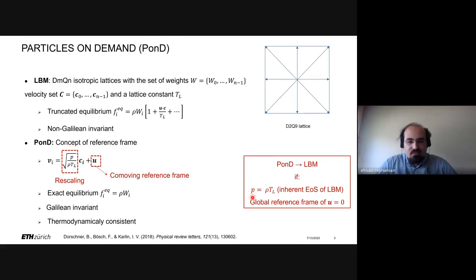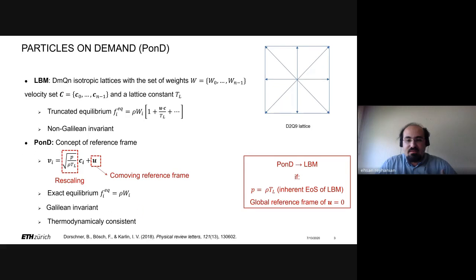The former leads to thermodynamic consistency, since now the non-ideal pressure can be inherently included by local operations instead of non-local forcing, for example. And shifting the velocity and being in the co-moving reference frame will bring us the exact equilibrium, and hence full Galilean invariance.